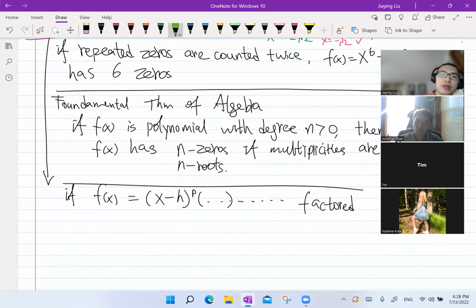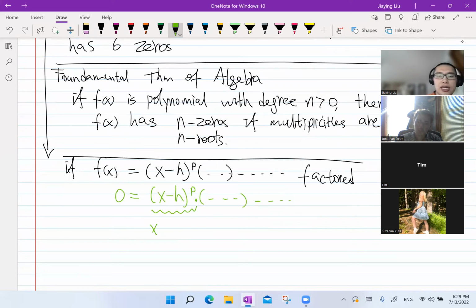Now, when we set this equal to 0, we get 0 equals x minus h to the p, and then a lot of terms coming after that, which means this part could possibly equal 0. So we get x minus h to the p equals 0.